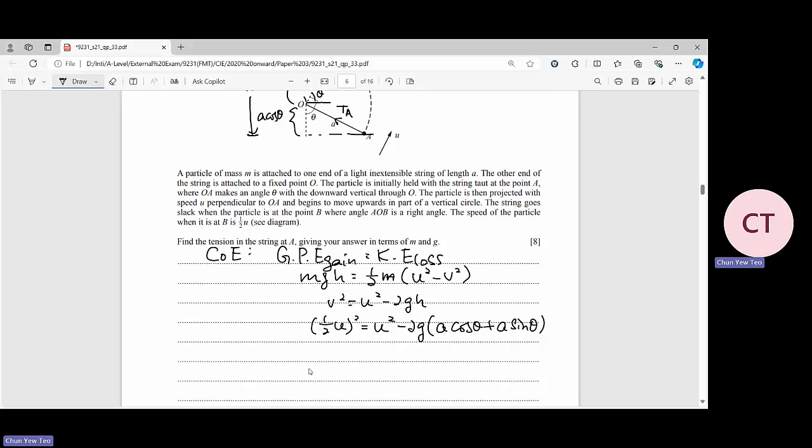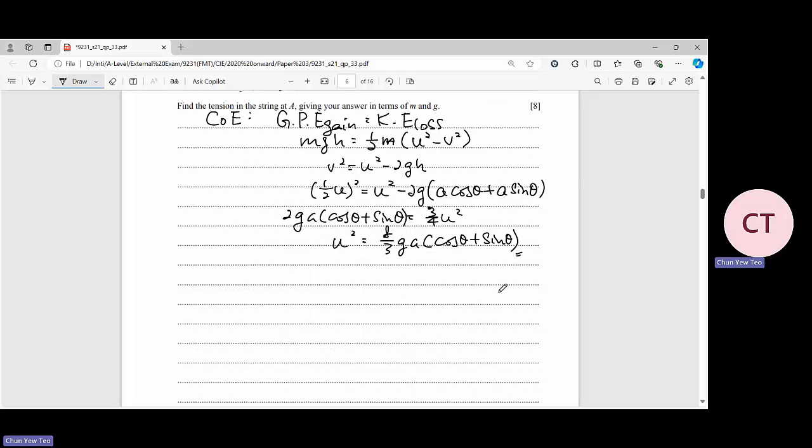We can get 2gA times cos theta plus sin theta equals 3 over 4 u squared. Then over here we can have u squared equals 8 over 3 gA times cos theta plus sin theta. Okay, I think we just leave it at the moment.